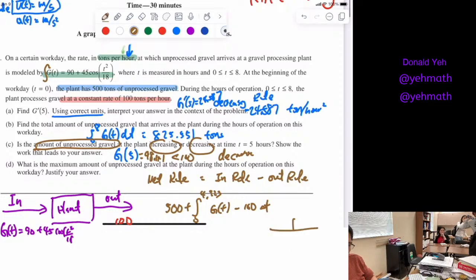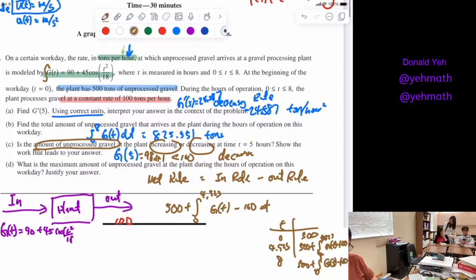So you want to do the net rate. You want t equal to 0, 8, and 4.923. At 0, it is going to be 500. This one is going to be 500 plus the integral from 0 to 4.923 of g(t) minus 100, and this one is going to be 500 plus the integral from 0 to 8 of g(t) minus 100.